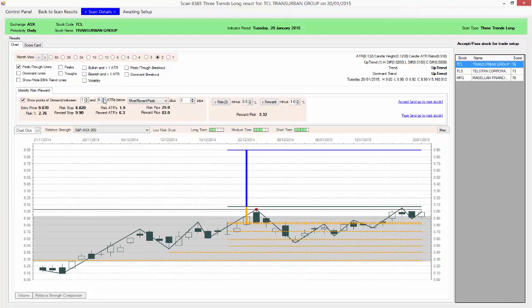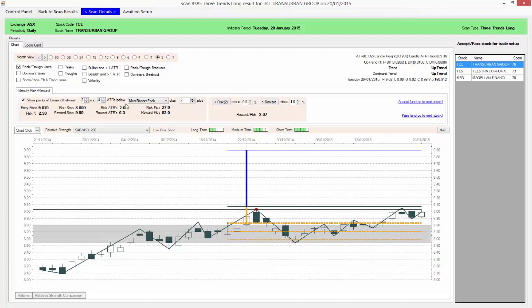So you can see that as I've done that, more points of demand are drawn for you automatically within that 1 to 6 ATR zone. I'll just bring that back down to the default, and I'll explain to you some of the information that's presented underneath.